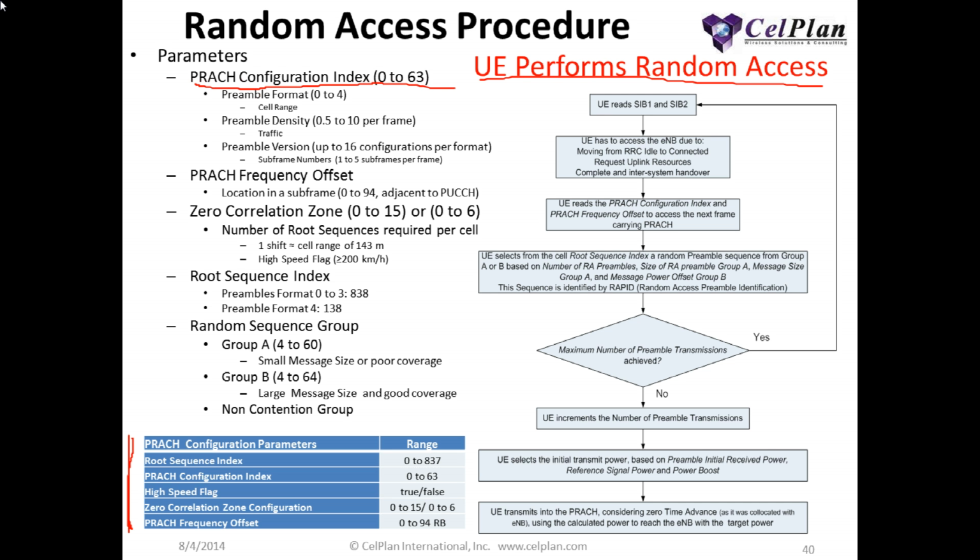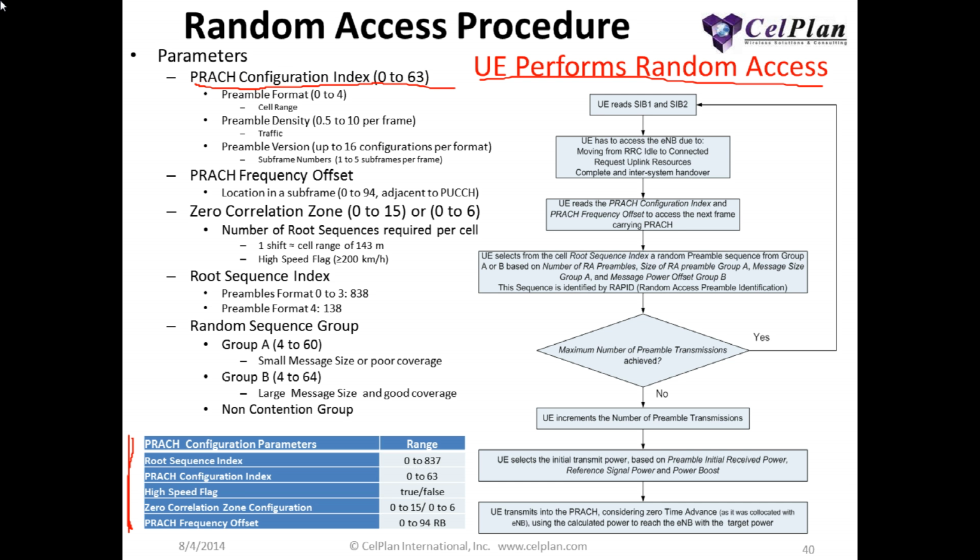And this is a number from 0 to 63. By reading the configuration index, it can figure out what is the preamble format that is defined by the cell range, what is the preamble density that is defined by the amount of traffic that is expected, and what is the preamble version, or where the preamble is placed in the subframes.